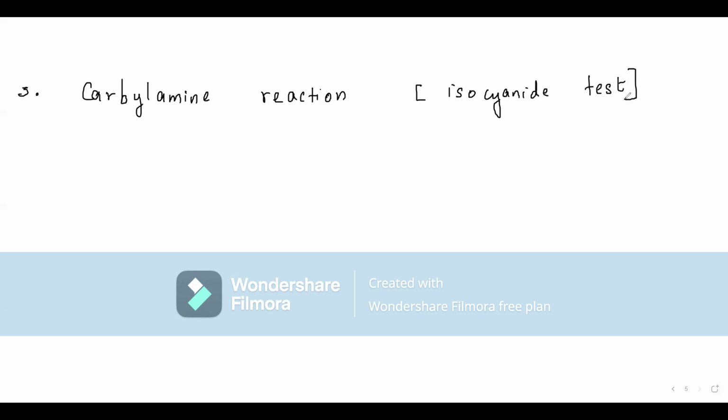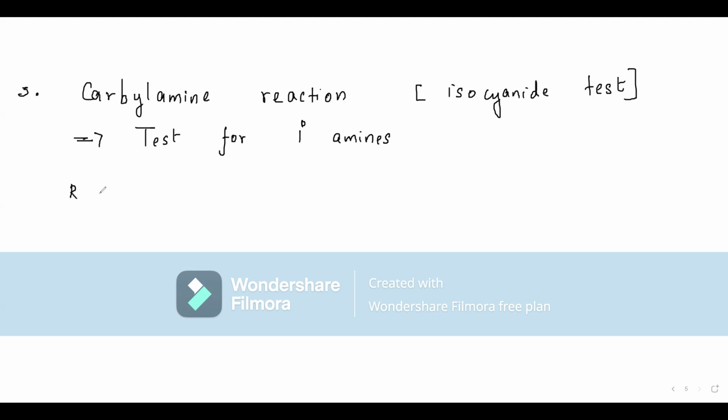This is a test for primary amines. Only primary amines undergo this reaction. Secondary or tertiary amines will not undergo this reaction.